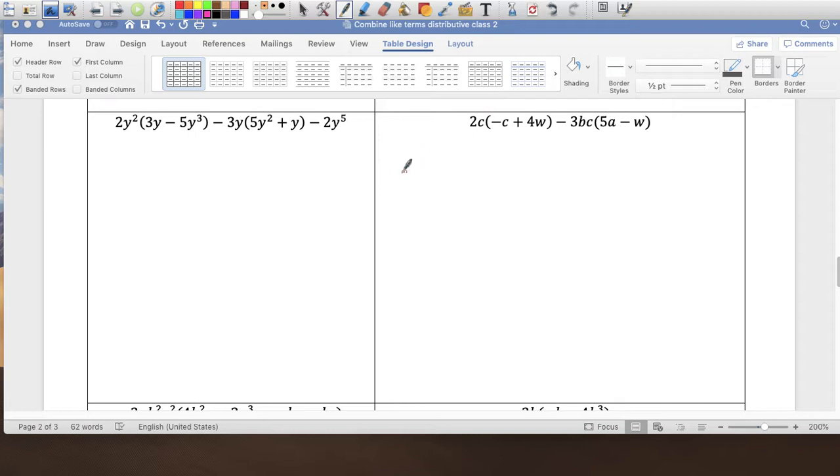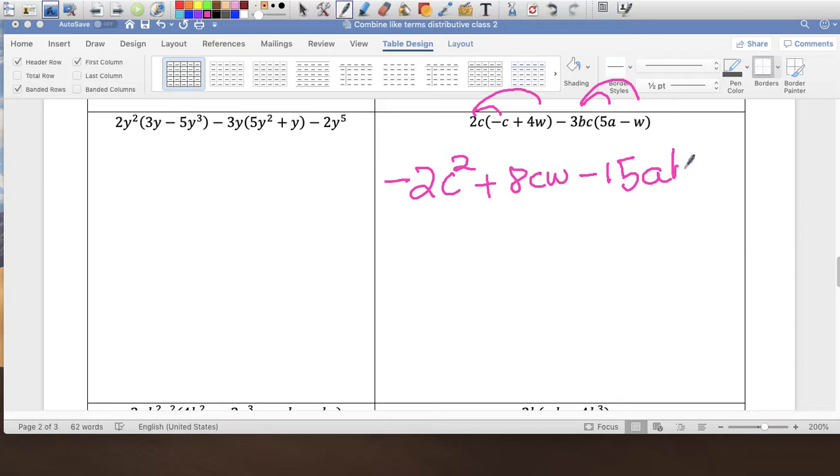2c. So it's a positive times a negative, so I get negative 2c to the second power. Positive times a positive, so I did this first. Positive times a positive is going to be positive, so it's a plus. 2 times 4 is 8, and cw. Now these two, and these two. Negative 3 times 5, so I get negative 15. And you notice that it's BC times A, right?